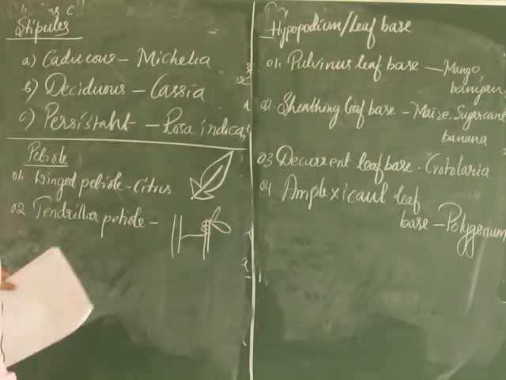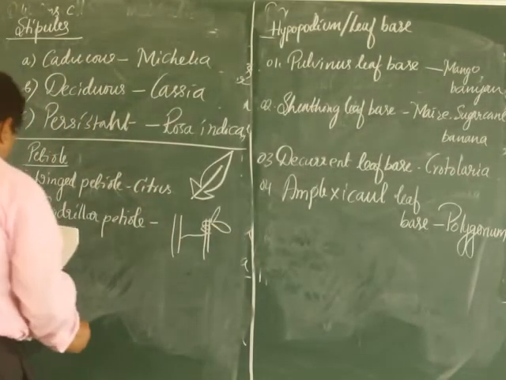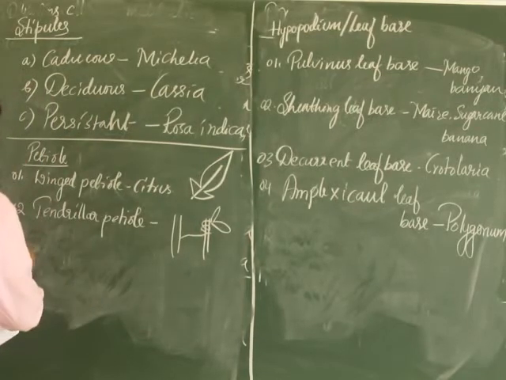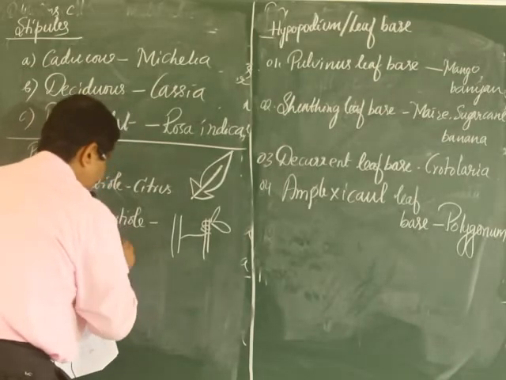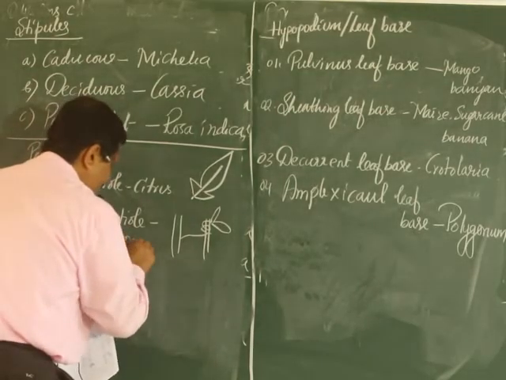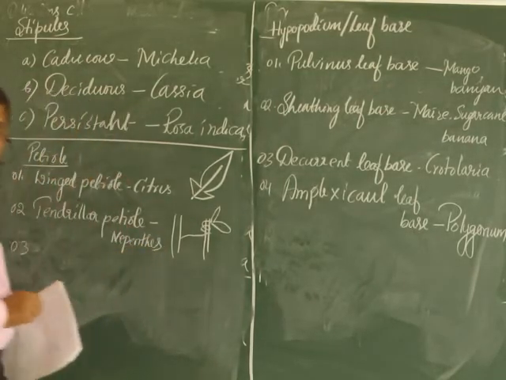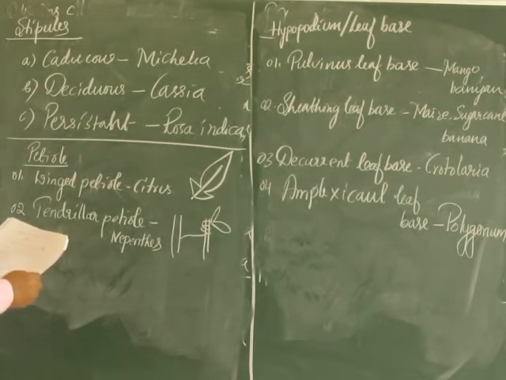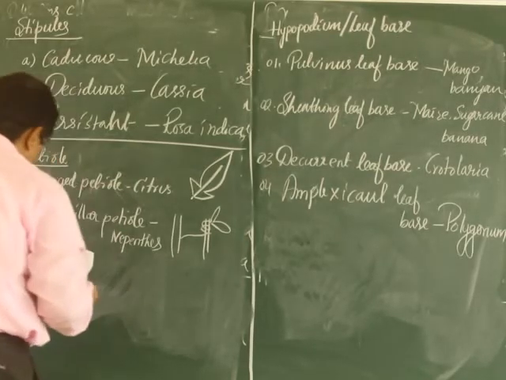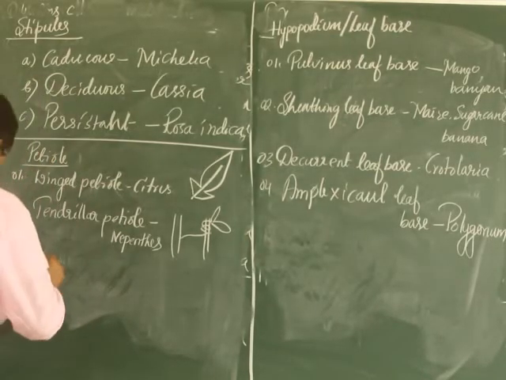Tendrilar petiole is found in Nepenthes. And then phyllodes.